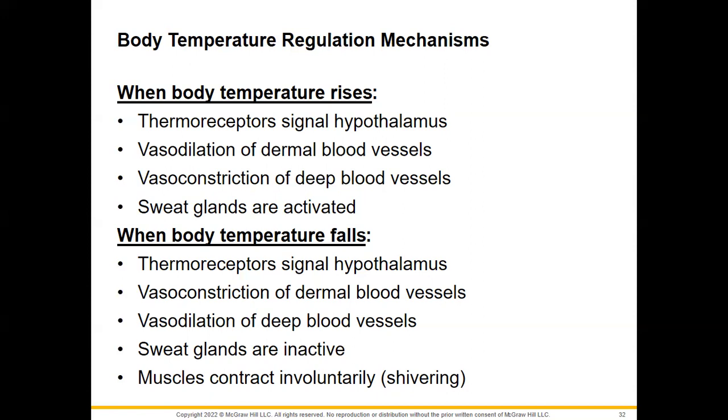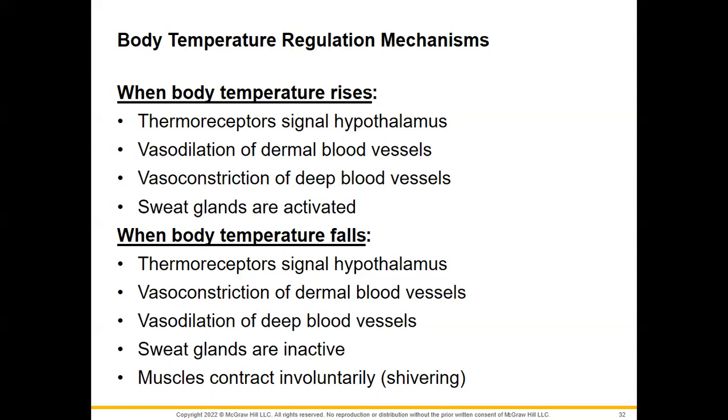So we're going to constrict the vessels closer to the skin and open the vessels that are deeper in the body, so that you're shunting more of that blood to the inside, making sure our vital organs are well heated and protected and we're not losing as much body heat, because in colder temperatures we want to maintain as much heat as possible. Our sweat glands are inactivated. We don't want to sweat. We don't want our water to evaporate. We don't want to lose heat, so the sweat glands are shut down.